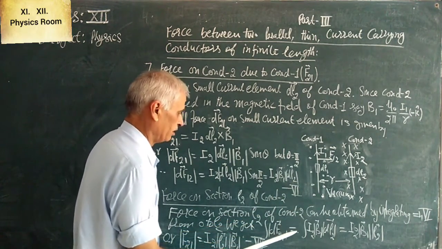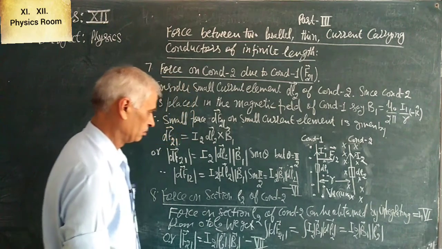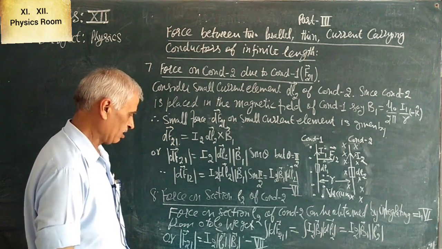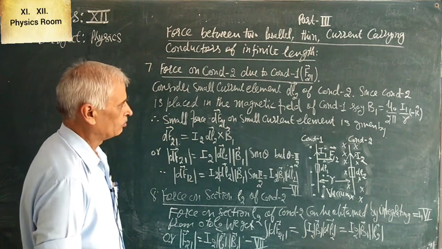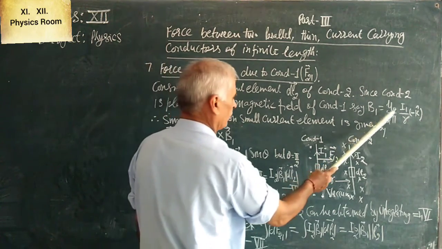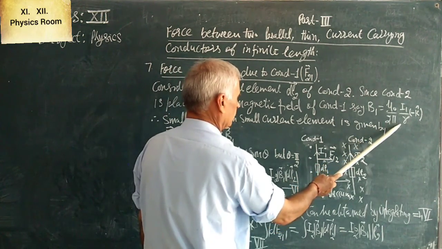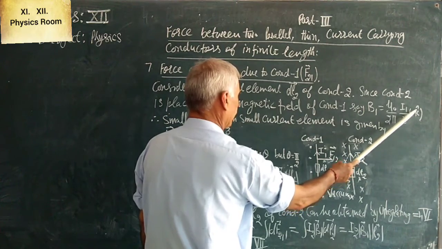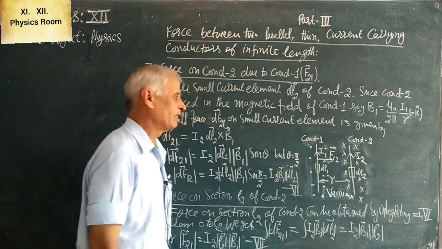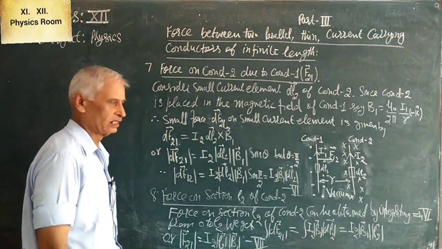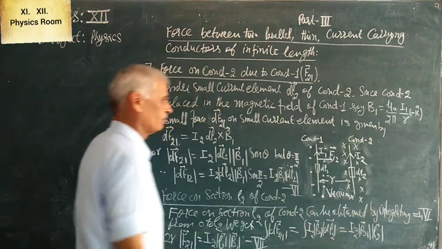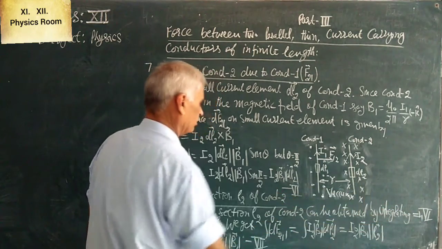B1 is equal to mu 0 by 2 pi I1 by R into minus K cap. Minus K cap means the field is directed along the negative z axis, that is, directed inward.